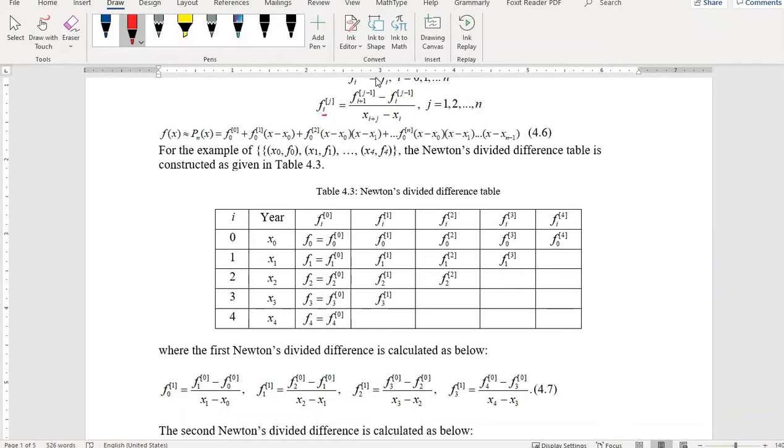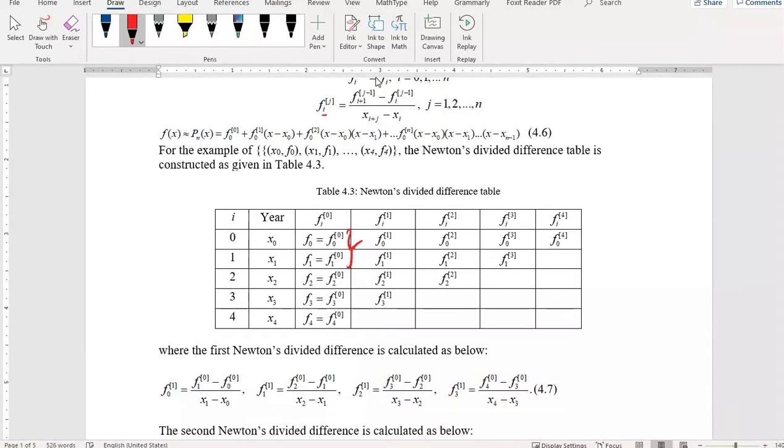It is dependent on these two values, so it will be f1^0 minus f0^0 divided by x1 minus x0.